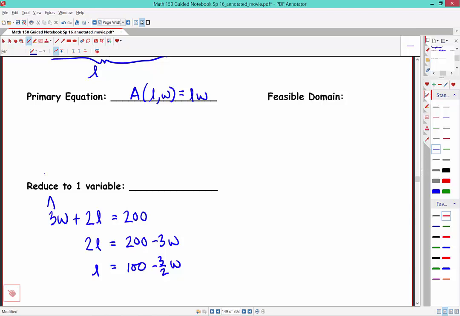And remember our area. So now I'll go over here.